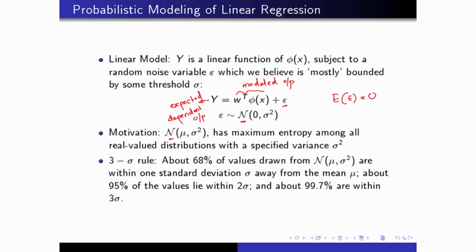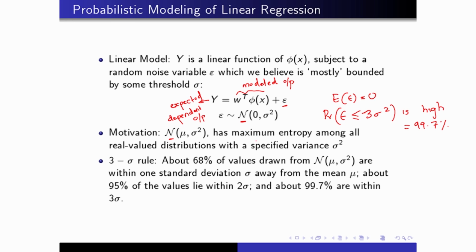So 3 sigma basically covers everything. So you could say that epsilon is nearly bounded by 3 sigma. This of course is probabilistic. The probability is very high. What does this high mean? 99.97% or 0.997.